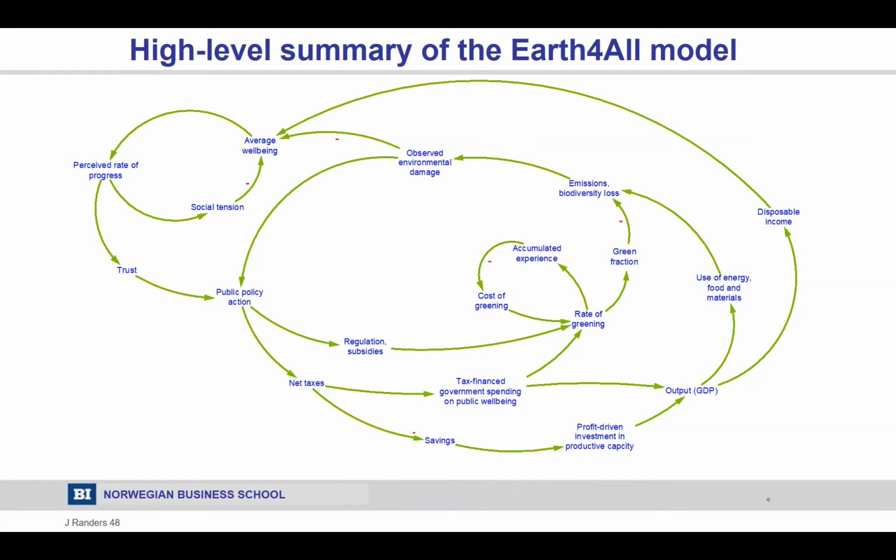And to the left is actually the vicious circle, which basically says that when average well-being goes up, the perceived rate of progress goes up, social tensions go down, and the average well-being goes up. But this group also drives the trust in the public policy action.